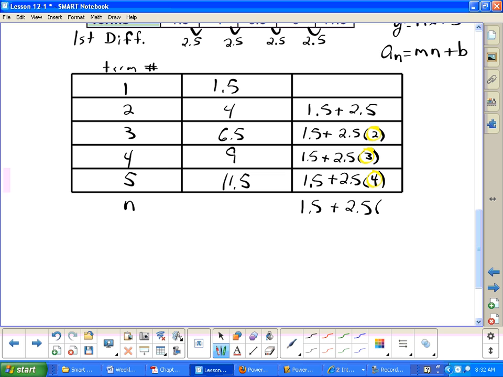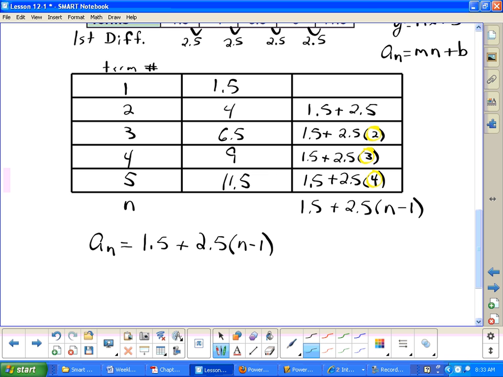How does this 4 here compare with term number 5, right? So it's 1 less. So this would be 1.5 plus 2.5 times the quantity n minus 1. So a sub n equals 1.5 plus 2.5 times n minus 1.